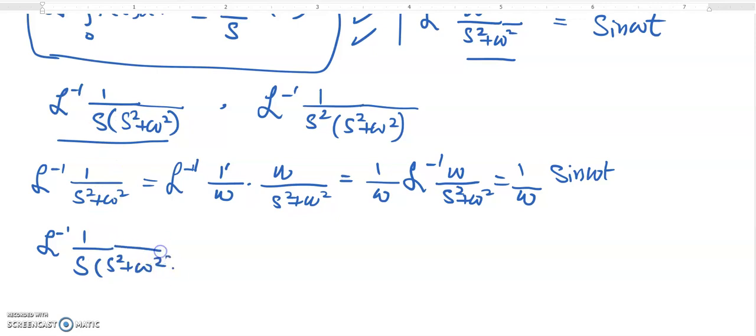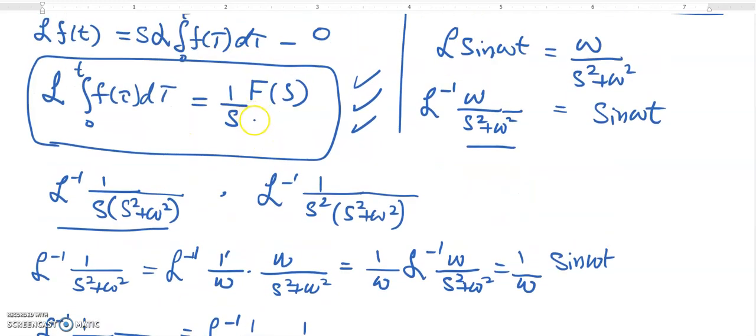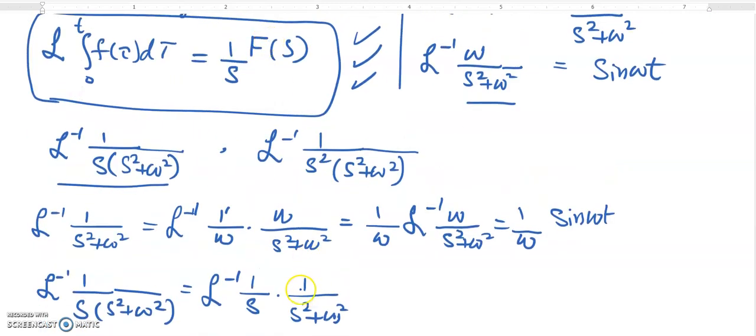So we can write it like this: Laplace inverse of 1 over s into 1 over s square plus omega square, and this has the resemblance of the integral formula. So for example, here we have 1 over s square plus omega square, which is the f of s, and then here we have 1 over s. So this will be equal to the integral, okay, Laplace inverse of the integral. So that means we can write it like this.